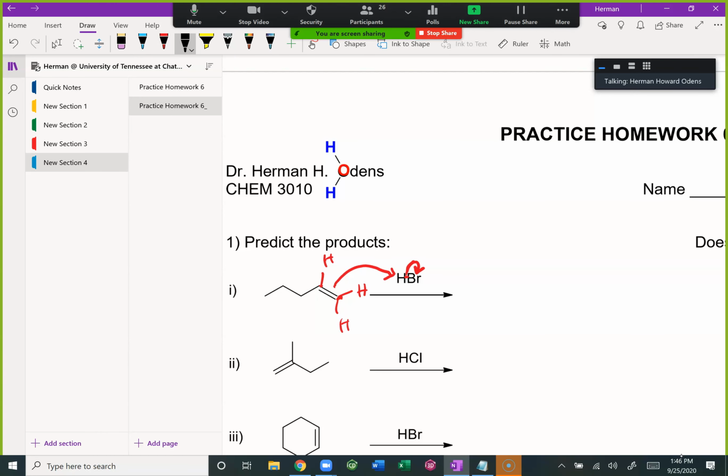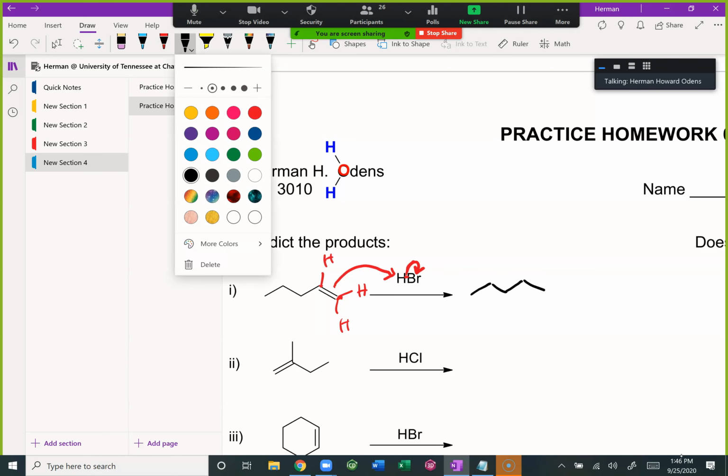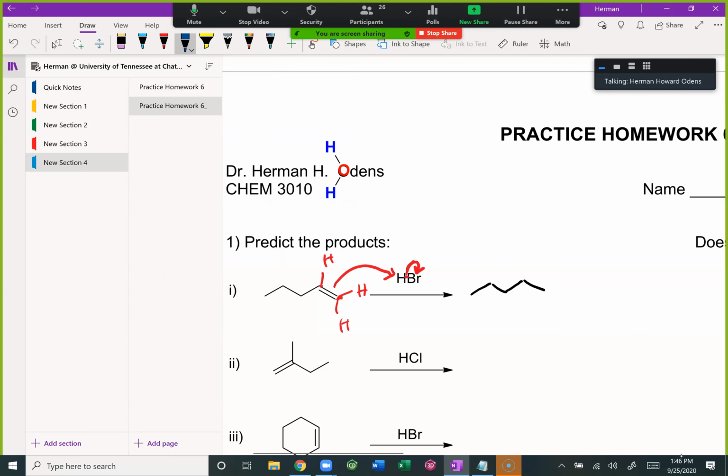Now your carbons stay the same. So now let's say I paint this hydrogen in blue. So you will have one hydrogen in blue, and this one in red here.